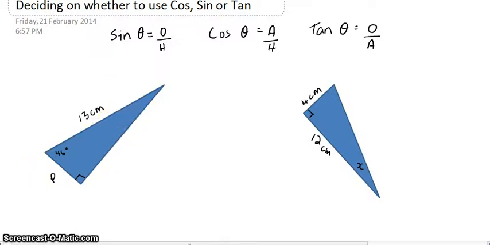In this question, we have the angle at 46 degrees, the hypotenuse at 13 centimeters, and the adjacent at p centimeters. Now, we need to be able to label and identify what each of these are. So this is the hypotenuse. It might be helpful to do it first so you know what formula you're going to use. And this is the adjacent to the angle.